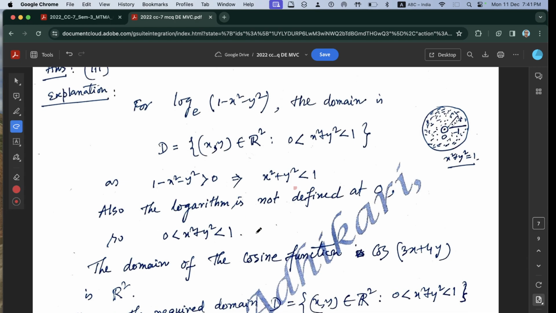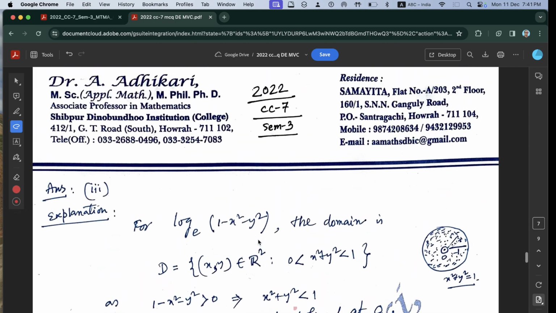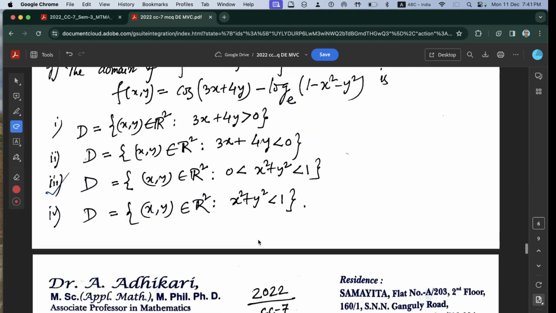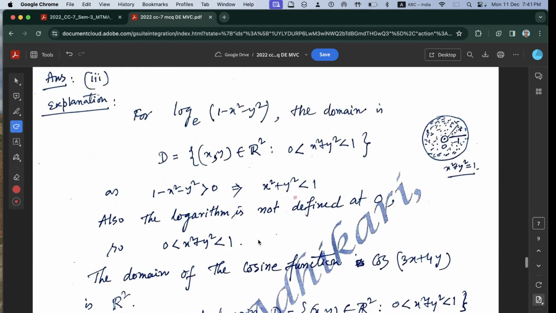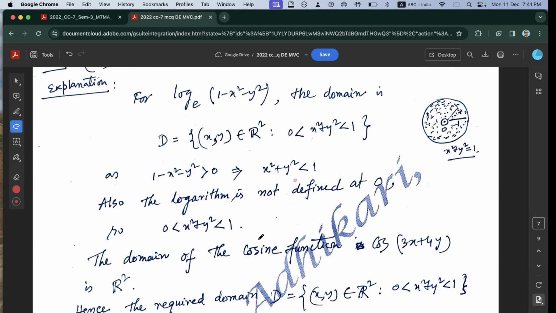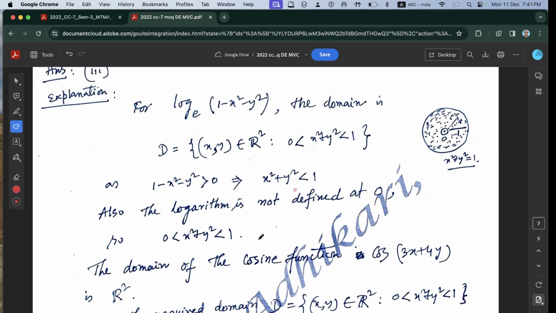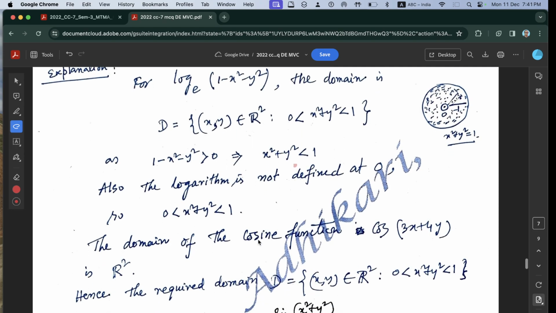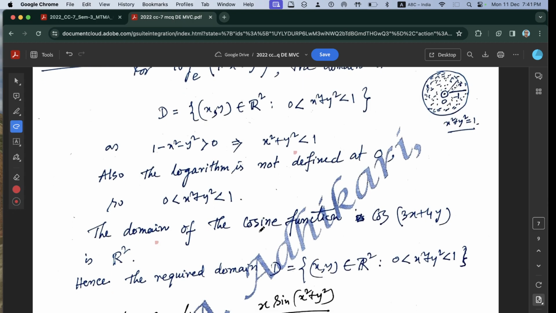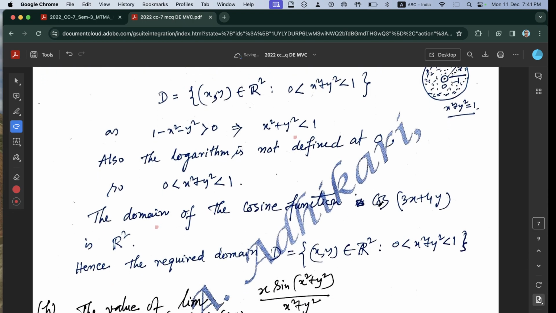So 0 less than x square plus y square less than 1. The domain of the cosine function cos(3x plus 4y) is R2.